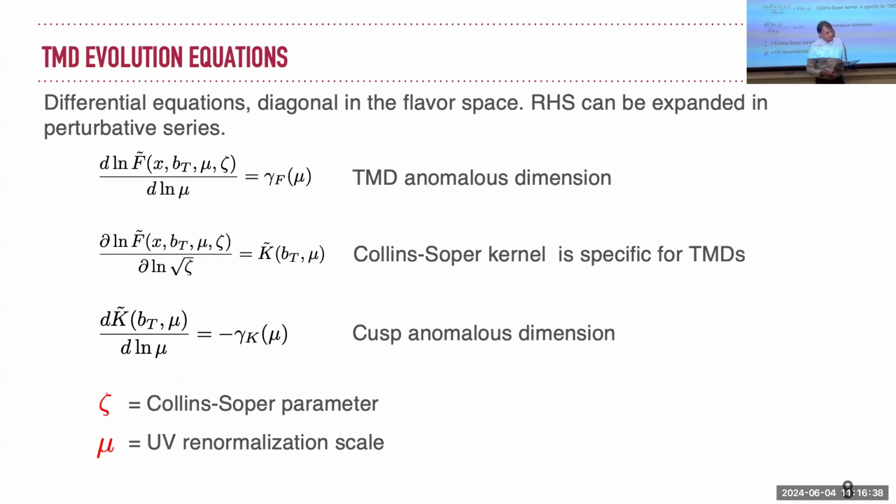Same derivatives, but now let us do them exactly in the space of energies, not distances. So we take our operator and figure out that the answer is not zero. It has the so-called anomalous dimension. It can be expanded in alpha_s. That's all that we need to know about this one.